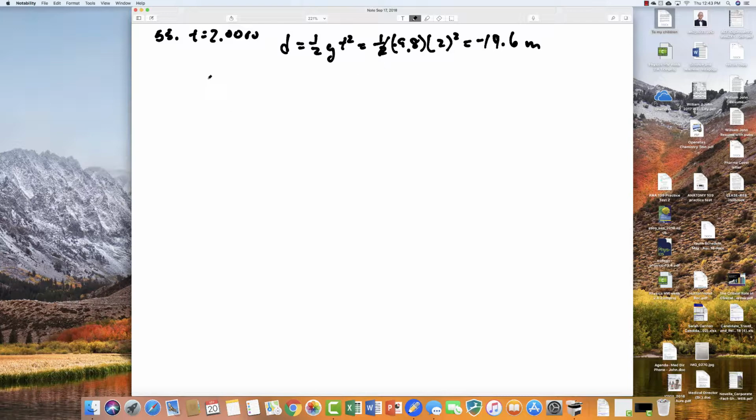Now, the second part states that now calculate the distance taking into account the time for sound to travel up the well. In order to do this problem, you have to separate the time. T1 is the time for the sound to come up. T2 is the time for the rock to go down.